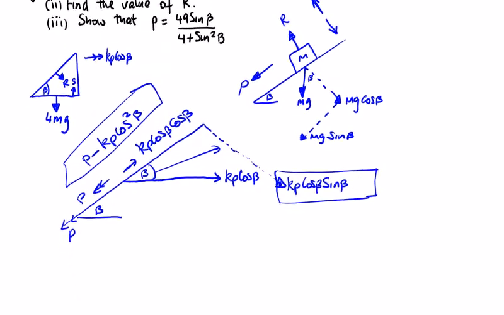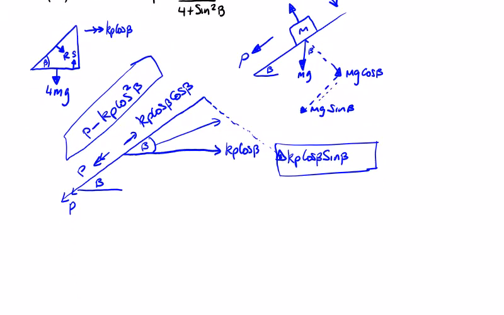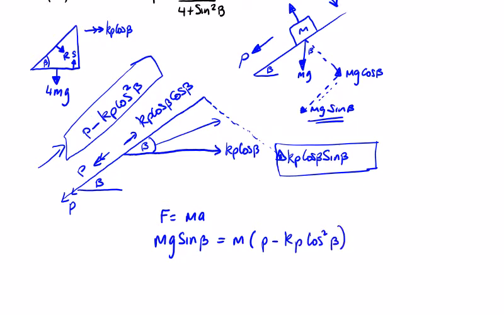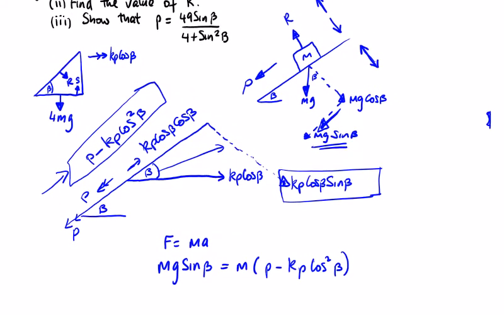So if we start with the particle, let's look at this direction first. It's mg sine beta, F equals ma. So mg sine beta is equal to m, and what do we say the acceleration was? P minus kp cos squared beta. So that's the first equation for my particle. The next one is in the up and down directions, so it's not jumping off the surface.